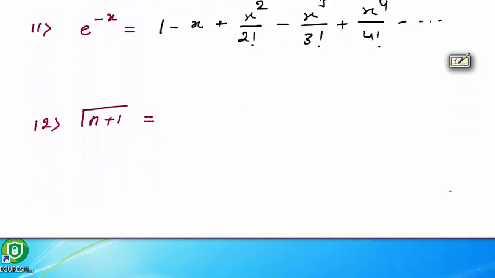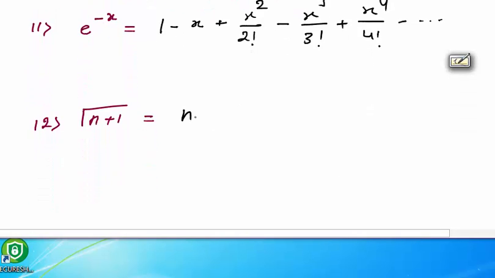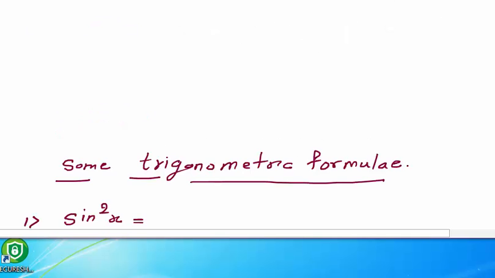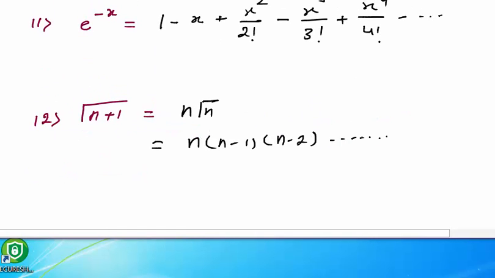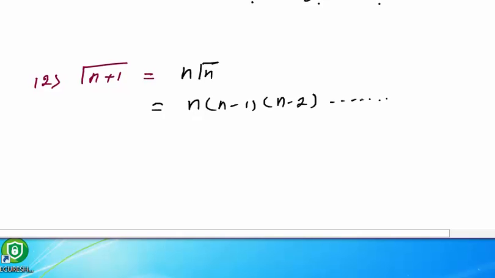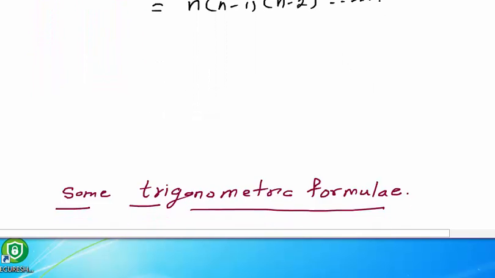The value of gamma n plus 1 is n into gamma n, and if I expand I will get n into n minus 1 into n minus 2 and so on. So these are some formulas which we have used while finding the Laplace transform of these standard functions.